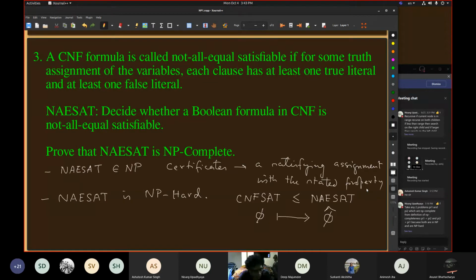These things we will look at later, which have more natural flavor. This is just an example to illustrate how reduction works. So if you are not very convinced that this is possibly a bad artificial problem, let it be, doesn't matter.